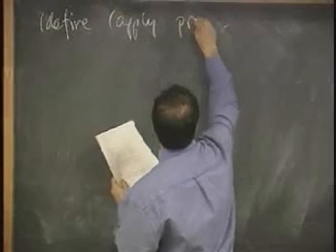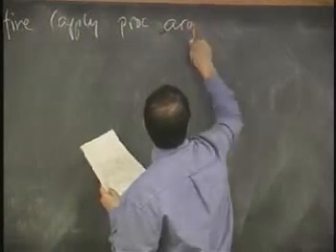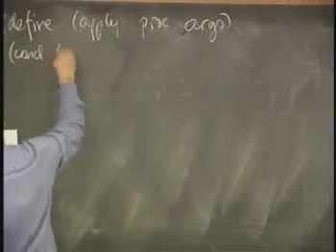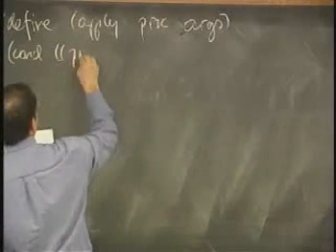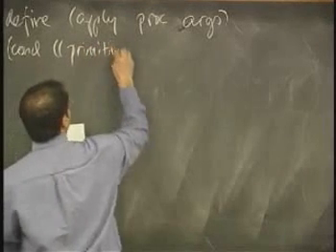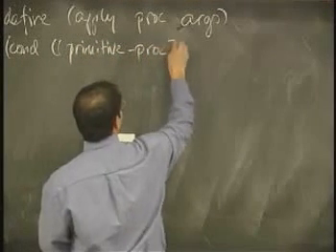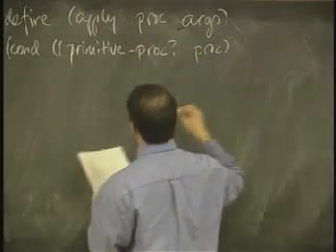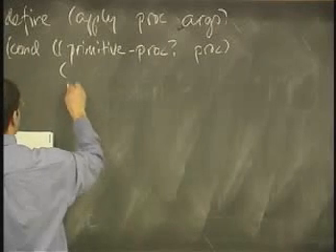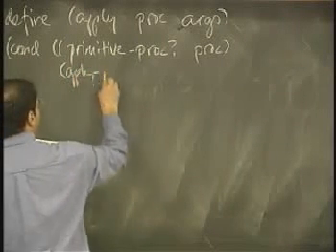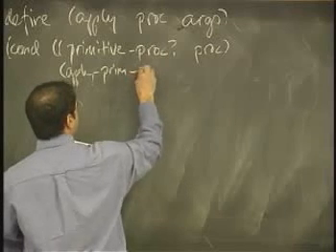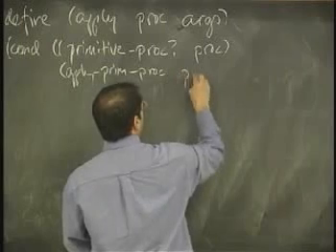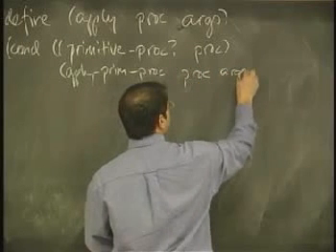Apply procedure on args. And we first test if we have a primitive procedure. If so, we have a little bit of magic here. Apply primitive procedure to the arguments.